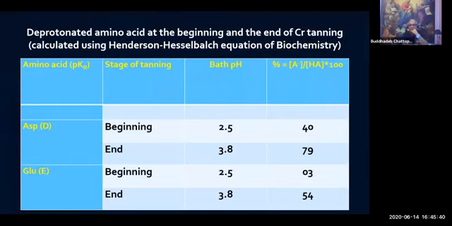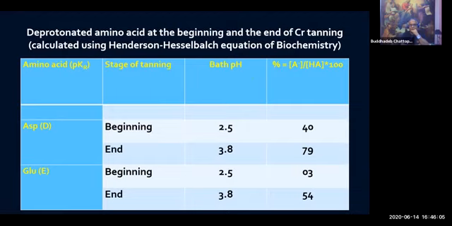Now at bath pH 2.5, something like 40% of the side chains, that is the R group, of the aspartic acids are ionized.